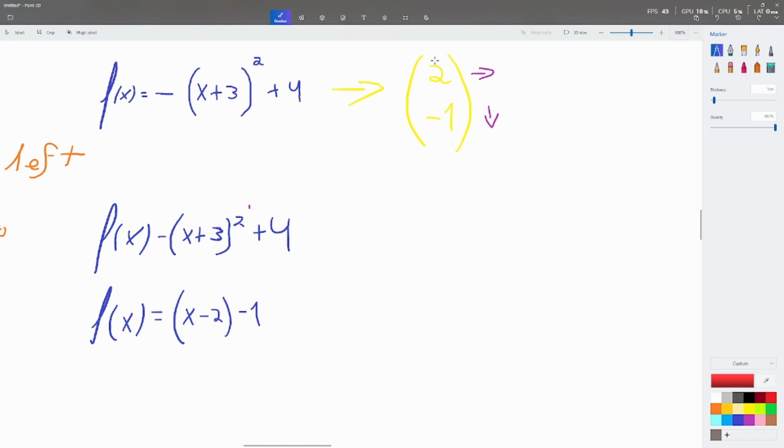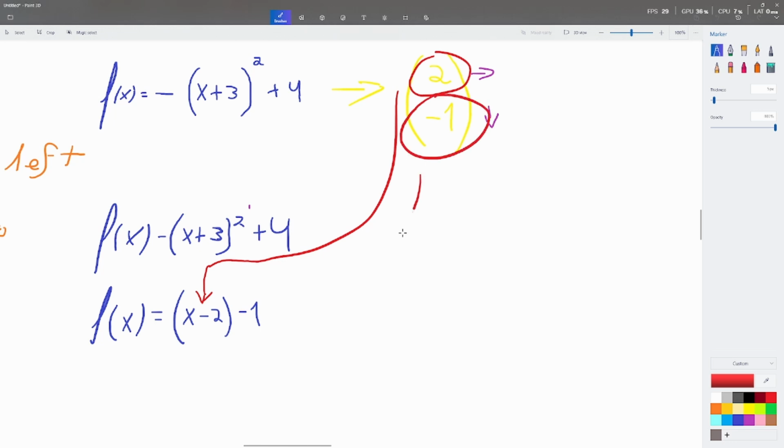Well, essentially, if you're translating by a vector, you can turn that vector into a function as well. So you take your 2 and you paste it into this. You might be wondering, here is 2, not negative. Why is it negative here? It's because of the formula. And here you take your -1 and you put it here as well. And then you're supposed to get a new function with this.